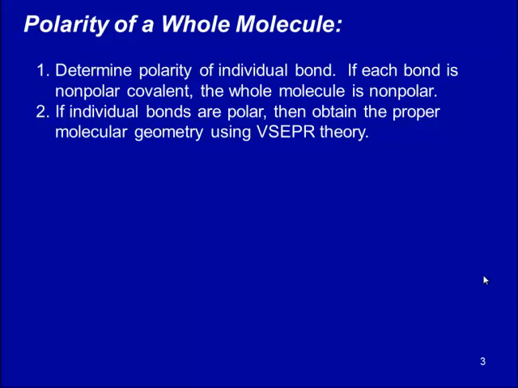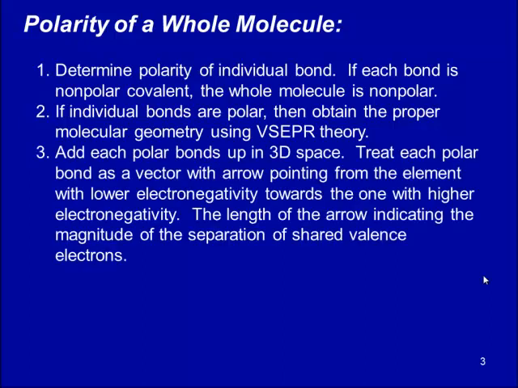Then you get the electron group geometry, and from there see how many electron groups are actually connected with the atom. So you get the molecular geometry. The whole process is based on valence shell electron pairs strongly repelling each other. So this is the VSEPR theory.